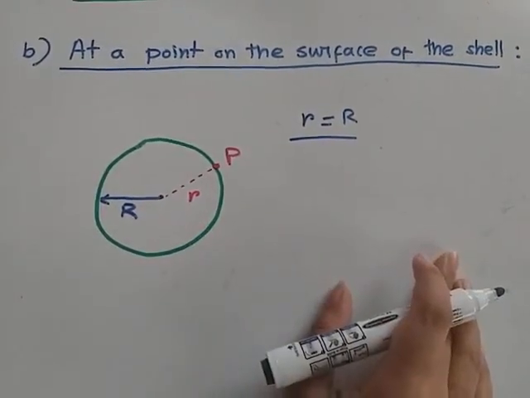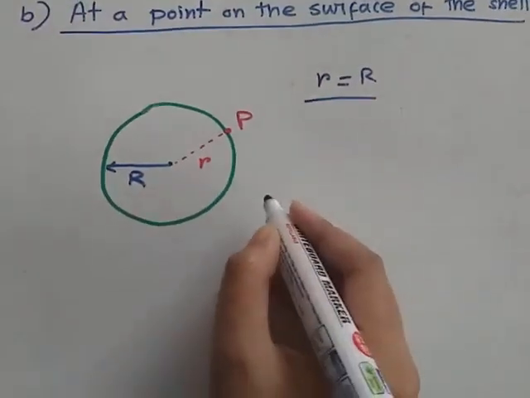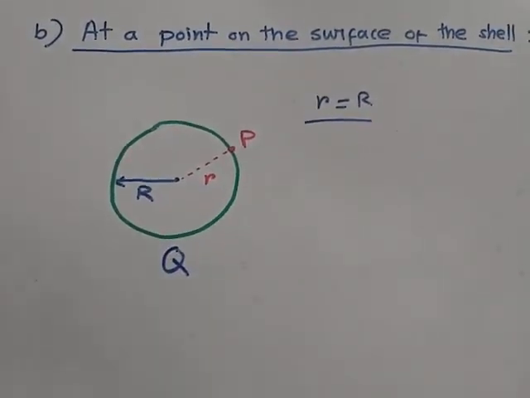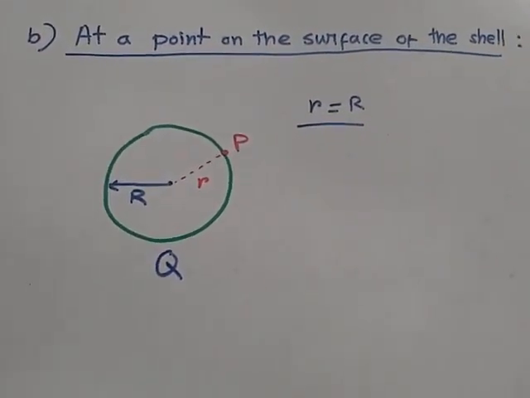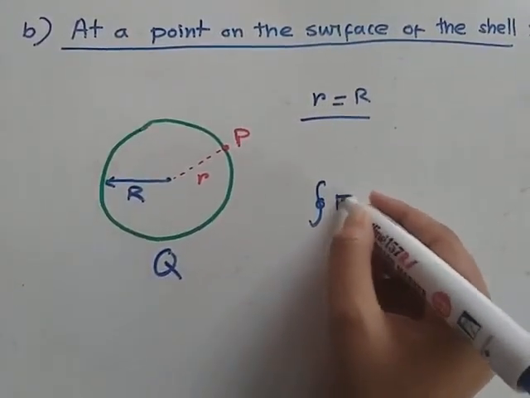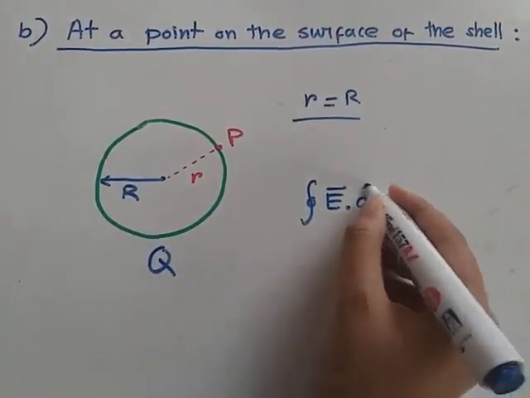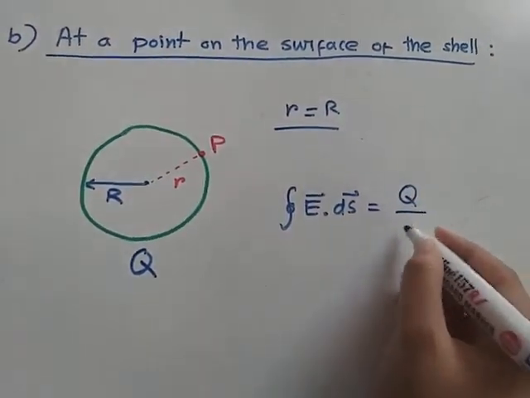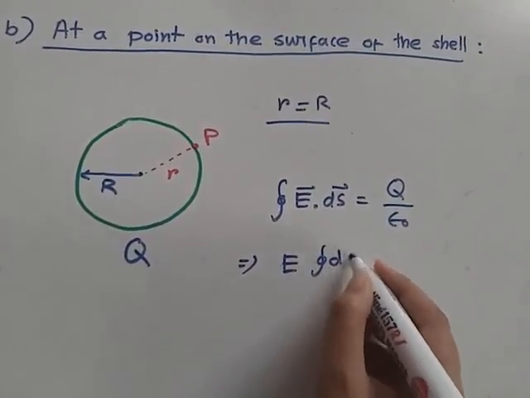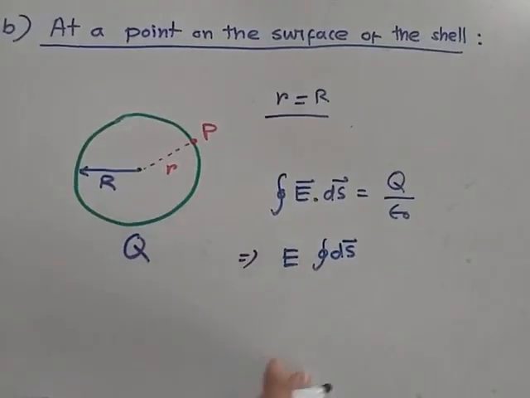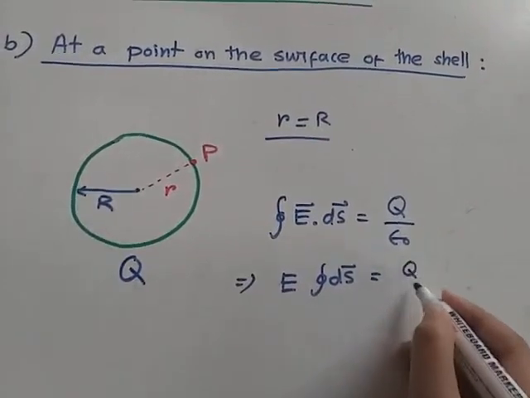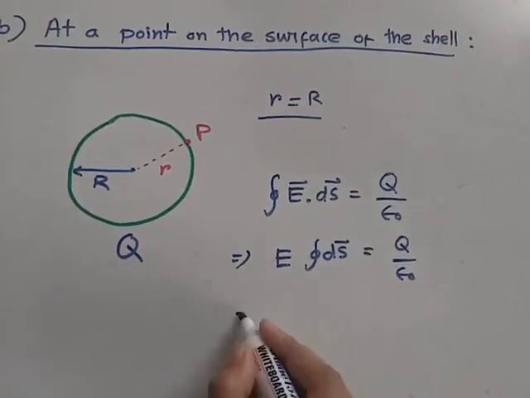Now the total charge enclosed by the surface, that is the Gaussian surface or the shell, is actually capital Q. So if we apply Gauss's theorem, that is closed integral of E dot ds is equal to Q by epsilon naught, here E closed integral of ds, where closed integral of ds is the total cross section area of the shell, is equal to Q divided by epsilon naught.